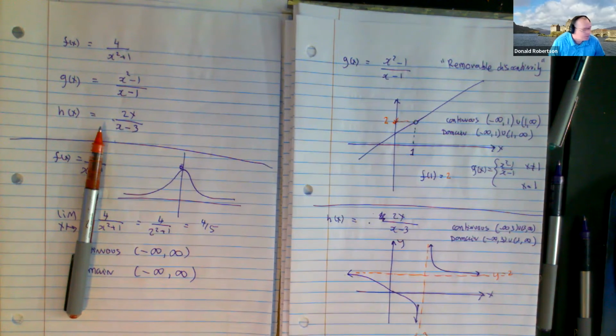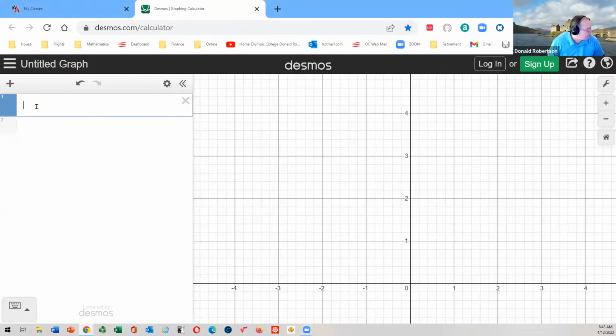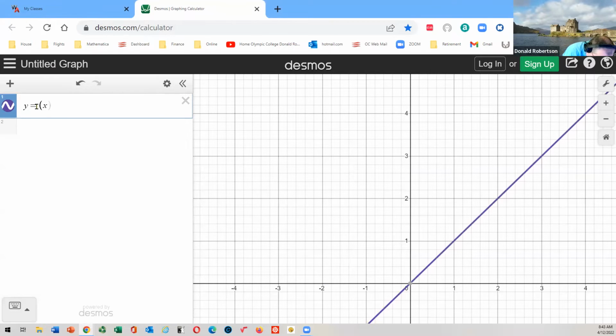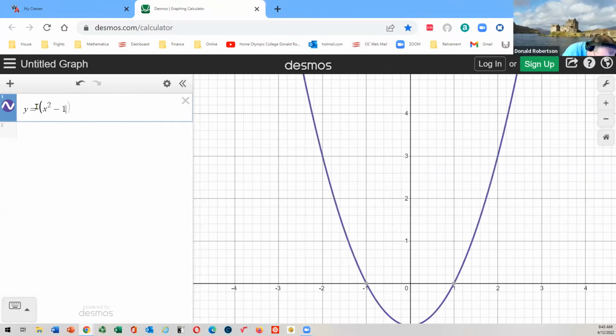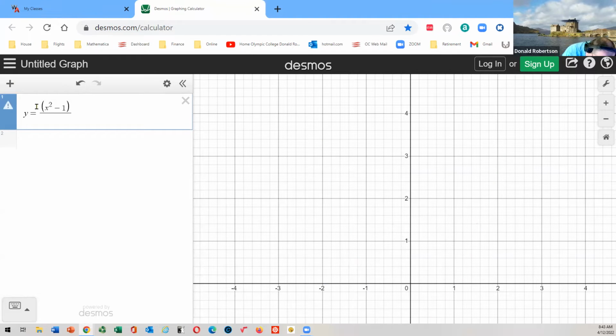I seem to remember it wasn't quite what I wanted it to be, but that's fine. So here we go. I'm going to put in the function y equals on the top, so I'll put a little bracket, x squared take away 1, divided by, put another bracket, x take away 1.